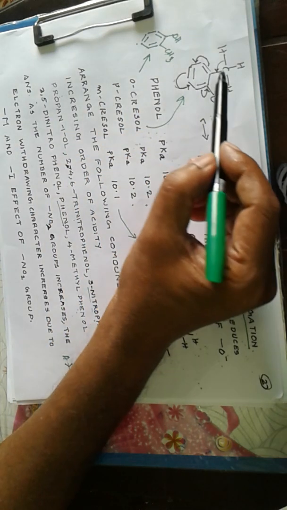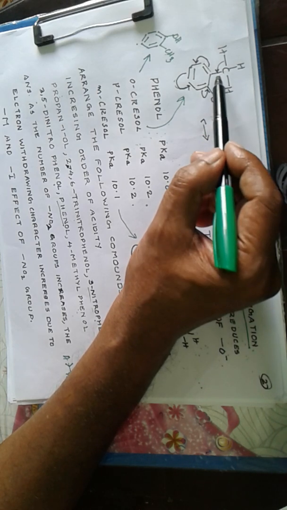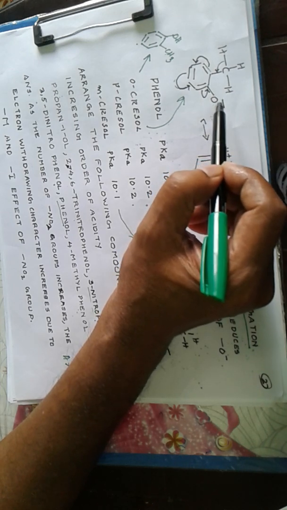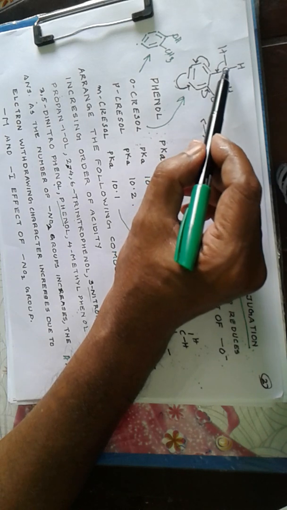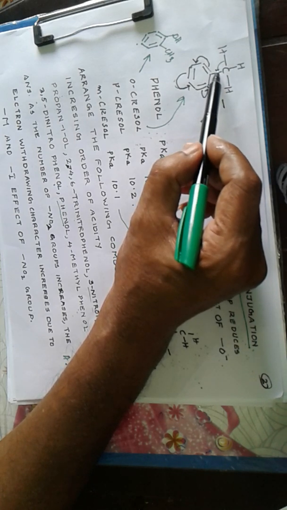Now, cresol is methyl phenol, that is, there is a methyl group in the ring along with the OH group. Now in orthocresol, the methyl group and OH group are on adjacent carbons. Then the corresponding anion from orthocresol: the CH3 group can show hyperconjugation, the CH bond shifting like this.